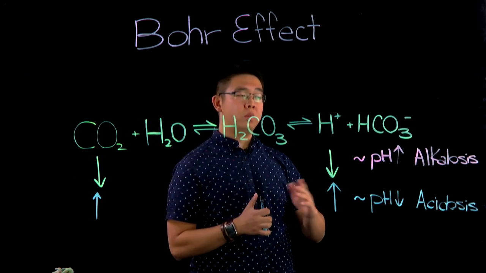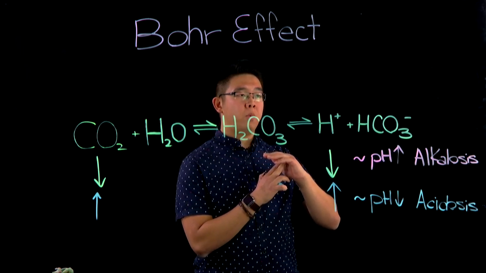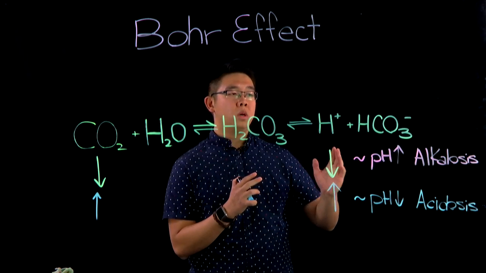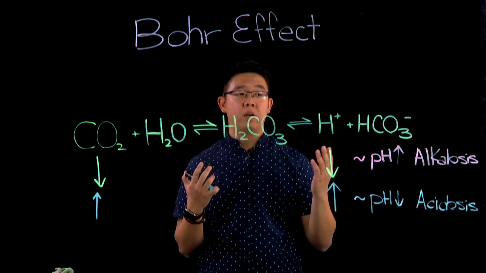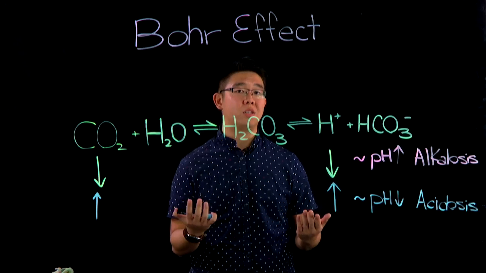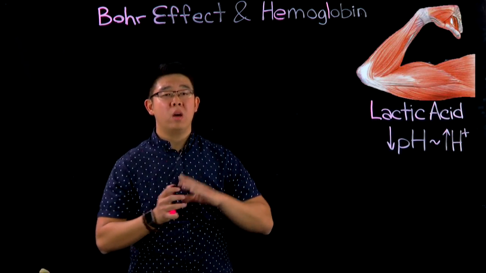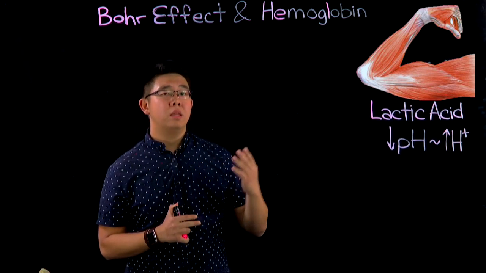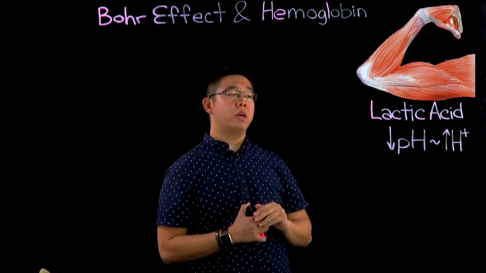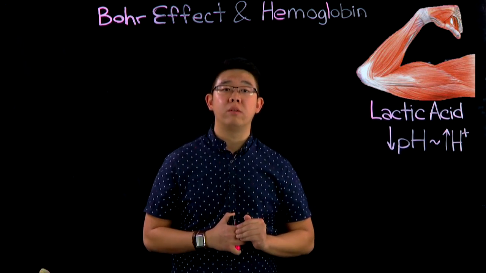And now we will use that understanding to see how it can affect hemoglobin in terms of saturating oxygen or picking up oxygen. Based on our understanding of the Bohr effect, we can now apply it to how hemoglobin might interact with it. Let's say hypothetically we have a muscle in which right after we work out, we can expect an accumulation of lactic acid.